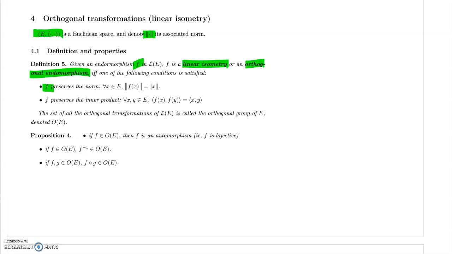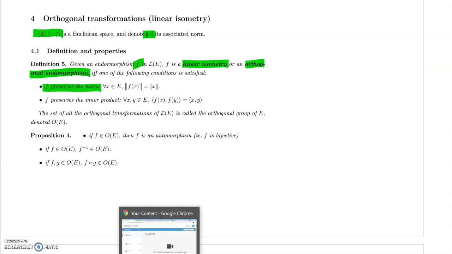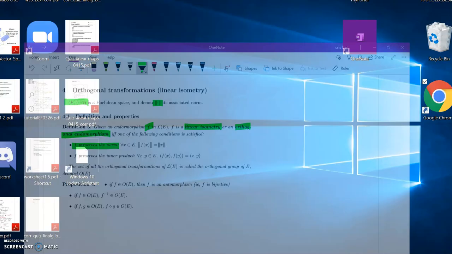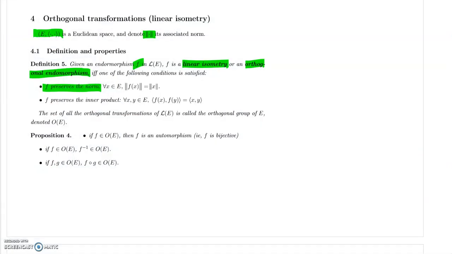Well, it preserves the norm, in the sense that if you take any element x in E, its norm is going to be equal to the norm of its image f of x. So it preserves the norm. That's the definition of isometry, same length, right?